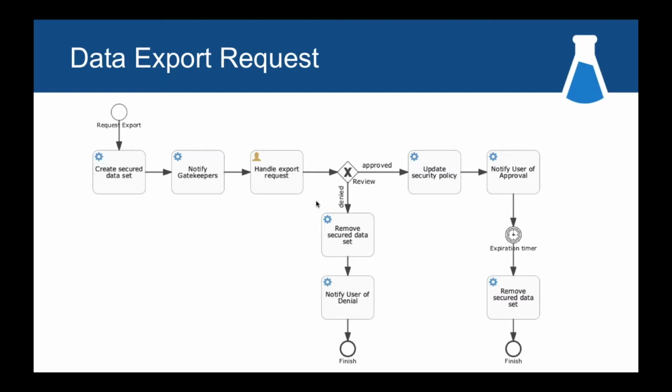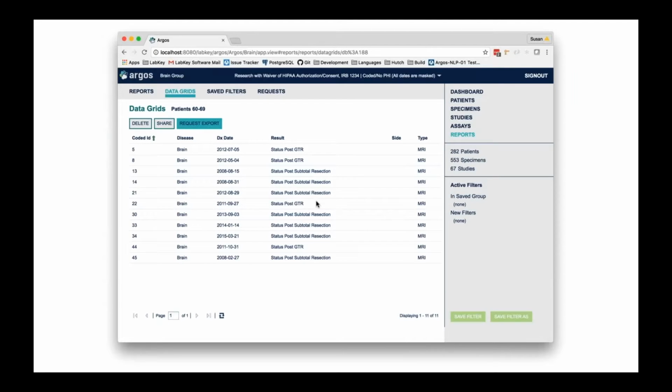So I'm going to walk you through that just with screenshots because I don't have that running on my machine. But this is for requesting data. So a person would be on the screen that shows a set of data grids, and they want to export one of these data grids to be used outside of the system.